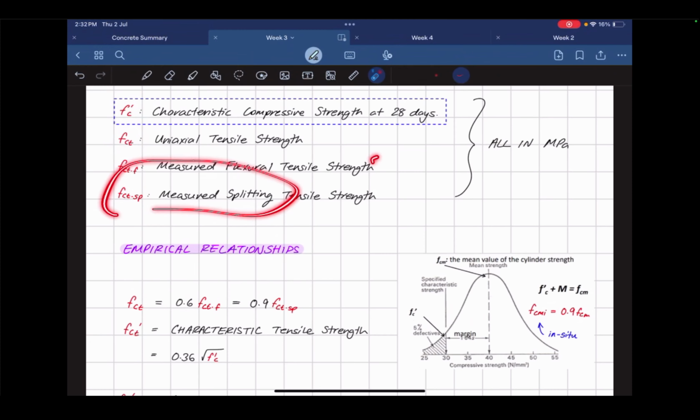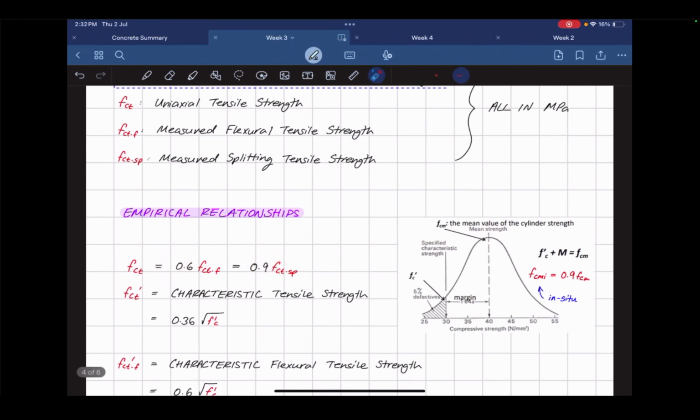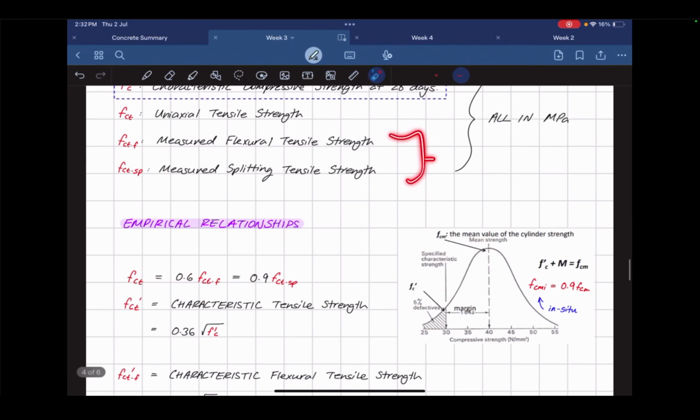The downside of this one is that it's really hard to perform and it's dangerous, however it gives us a more accurate result. These two aren't as accurate, but the repeatability is easier and it's safer. So they do these tests and scale it down or scale it up. Sorry, these ones give us higher results. This one overshoots it, overestimates it.